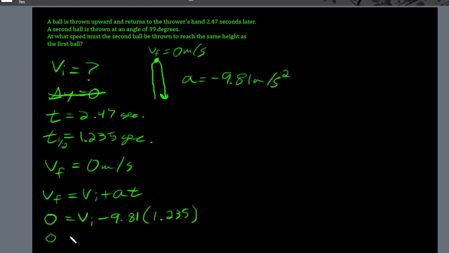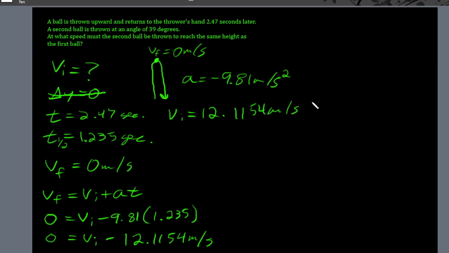And then I'll have that 0 is equal to VI minus, and I'll do the multiplication there, and that's going to come out to be 12.1154, and I'm going to keep all the decimals since I'm working on my homework, meters per second, which means that when I swing that across, VI will be equal to 12.1154 meters per second.